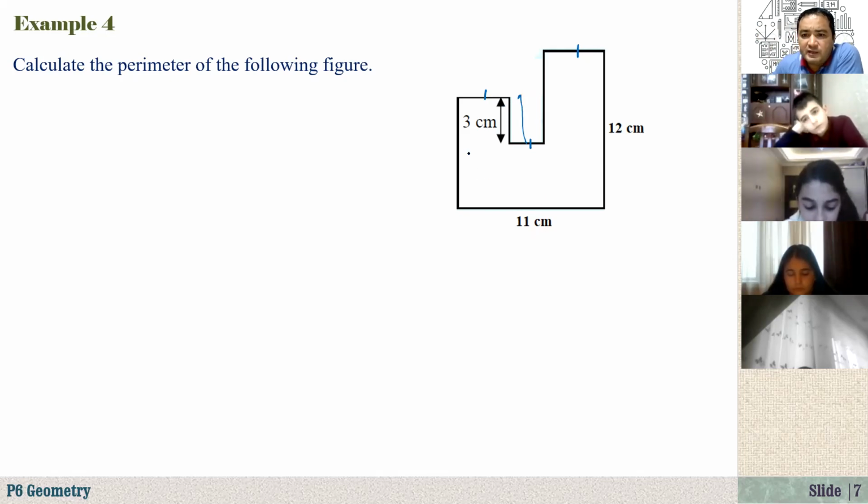And if I draw a dash line, and also this one, this one, and this one. All right. Now let me continue here. This one is 11, right?